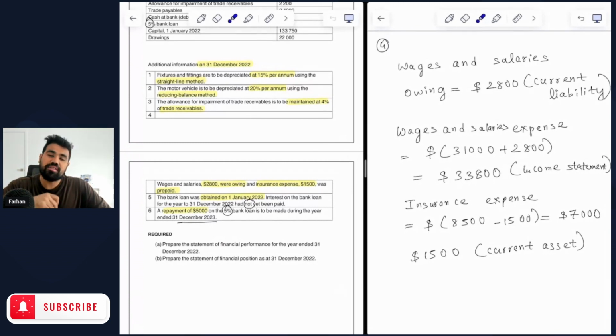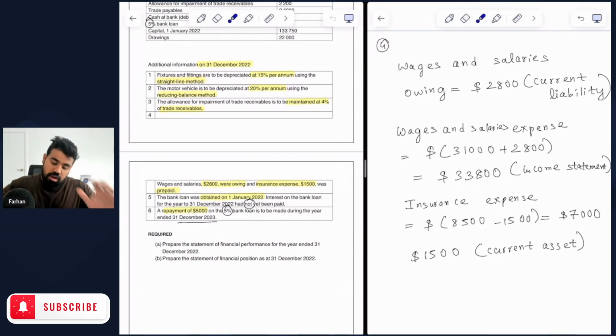Why is this a current asset? Because this is paid in advance, or this has been prepaid. Young hasn't consumed the benefits that comes with this prepaid insurance yet. Young will expense this insurance in the next financial year. Therefore, to Young, this holds a significant amount of current asset for the business.